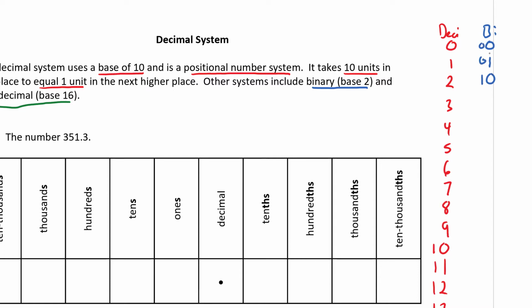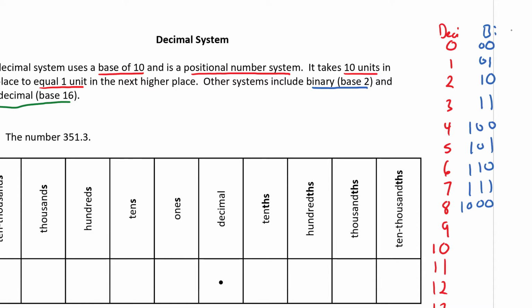Let's add some extra zeros in there. The next one is 11, and then 100, and then 101, and then 110, and then 111. You can see here it's only using two numbers, zeros and ones. This is how computers count. After we get to finish off all those, 8 is actually represented as 1000.